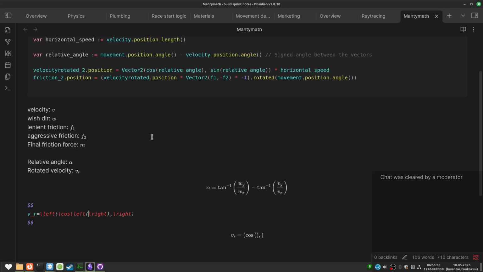Okay, so we do cosine, and yeah, we just take the relative angle. Okay, so we take alpha. I don't actually even need the braces here. I can just say cos alpha. And I can do this.